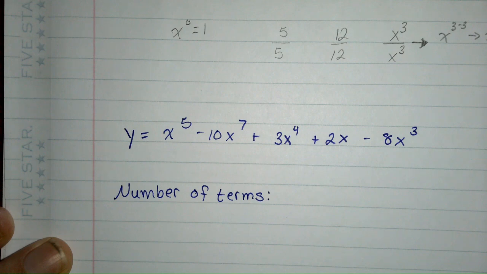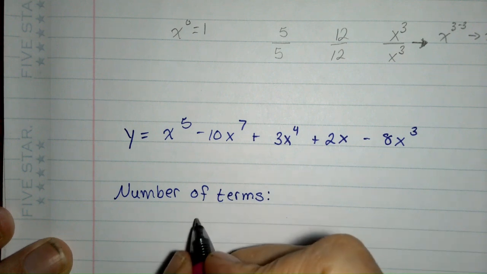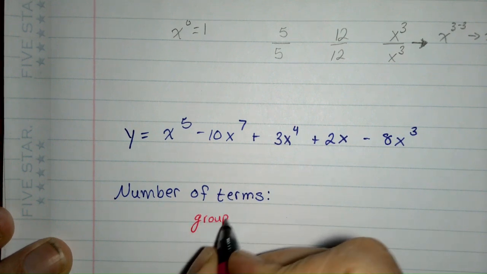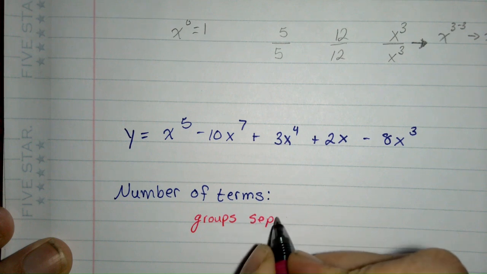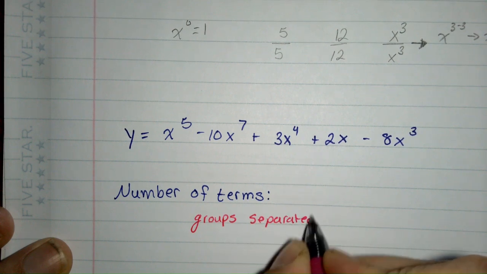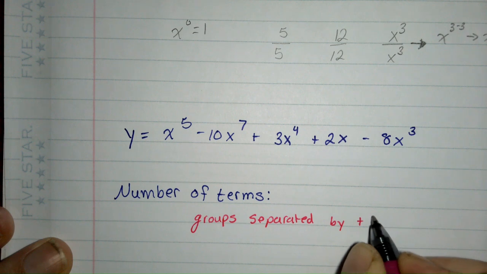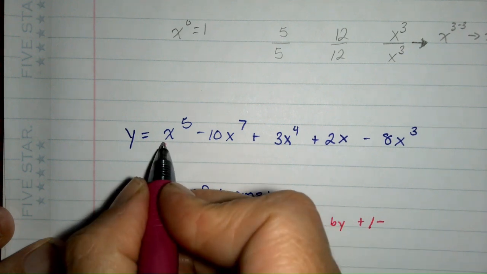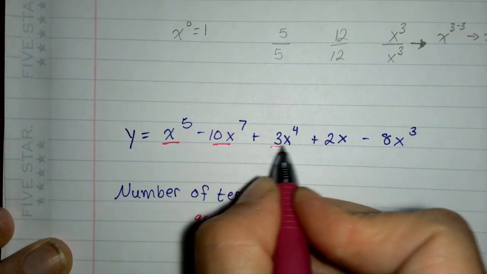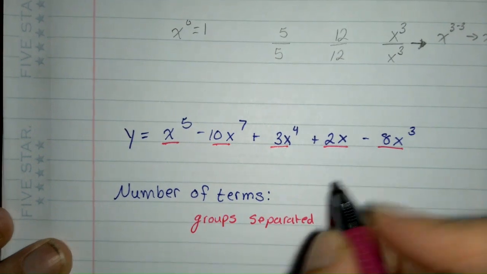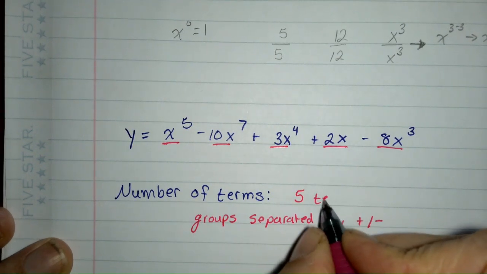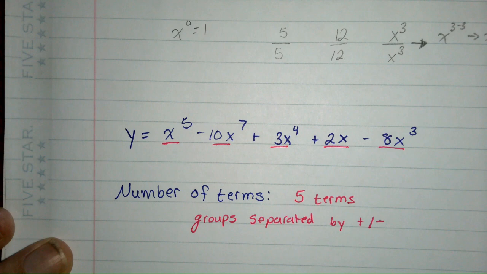Okay, what are terms? Well, terms are the groups separated by plus and minus signs. So 1, 2, 3, 4, 5. There are 5 terms. We don't normally have a vocab word for 5 terms.